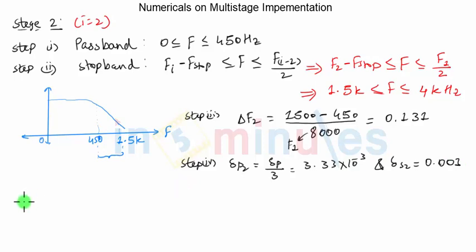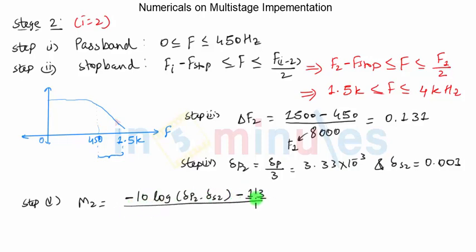And in the final step, which will be step number 5, we will calculate the filter length m2 using the same formula, which goes something like this: minus 10 log of, this time delta p2 into delta s2, minus 13, divided by 14.6 into delta f2 this time, plus 1.